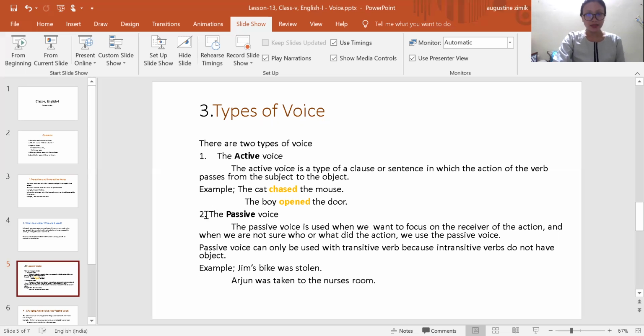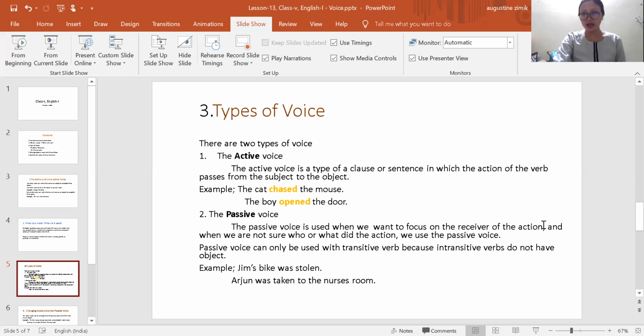Okay. Number 2, the passive voice. The passive voice is used when we want to focus on the receiver of the action. So here, remember, in active voice, the main focus is on the action of the verb done by whom? Done by the subject. But here, in the passive voice, our main focus will be on whom? On the receiver of the action.